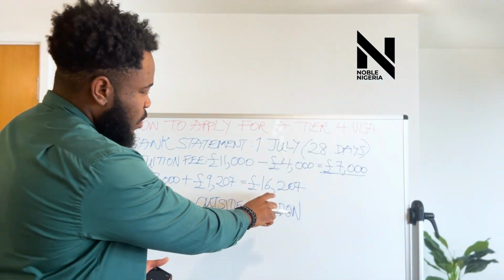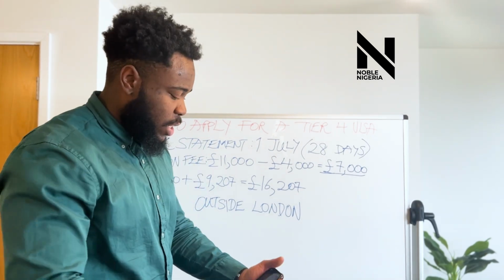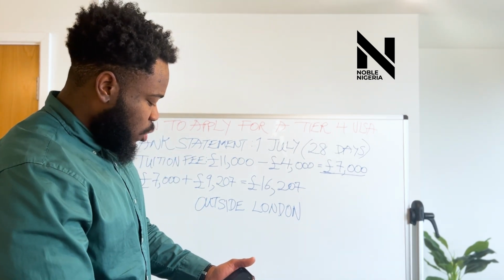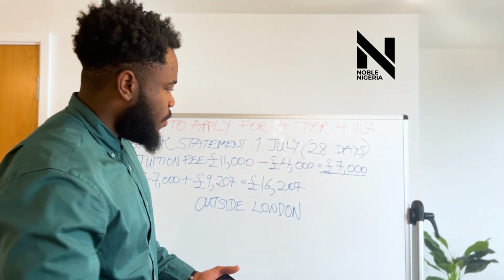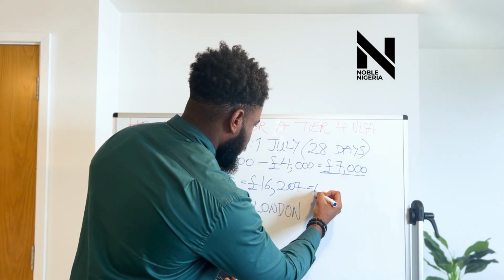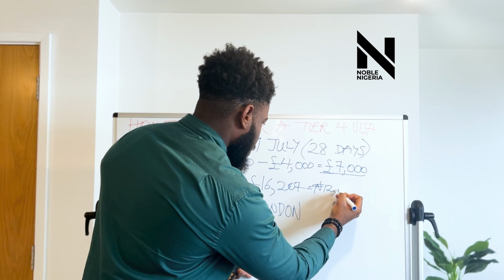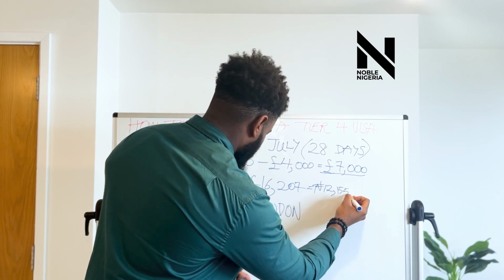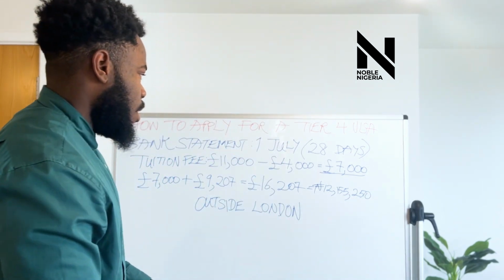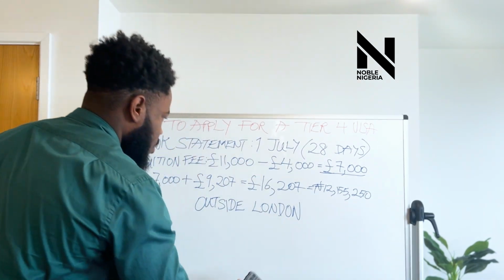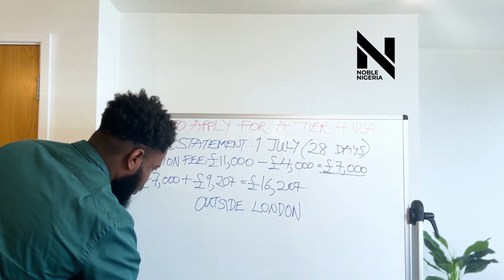So let me calculate this now in Naira, and let us use 750 Naira as the exchange rate. 16,207 times 750 gives us 12,155,250 Naira. I don't know if that's clear, but let me write it down here so it can be bolder.